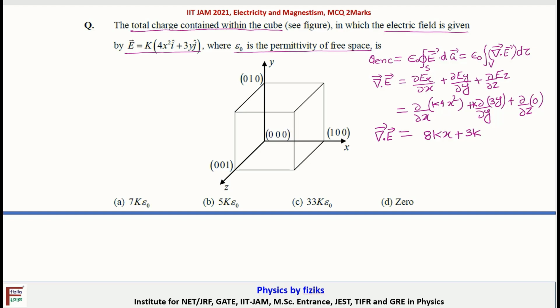So now we can write Q enclosed as epsilon naught, which is a common value, and k is also constant.